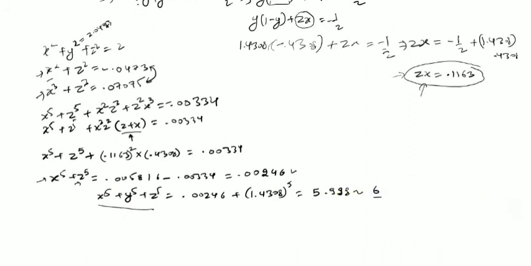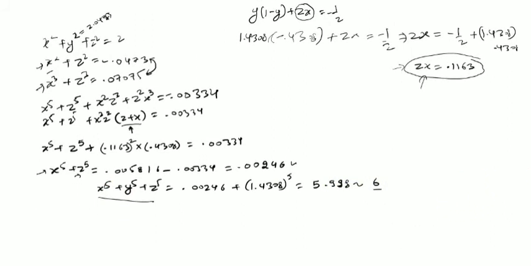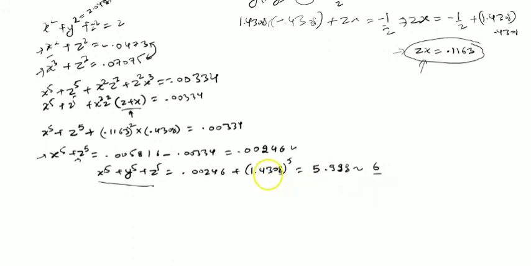And in the same way, you can calculate these variables raised to any power by just raising this number to the same power. So for example, if you want x to the power 6 plus y to the power 6 plus z to the power 6, it would just be equal to 1.4308 to the power 6. And the reason for that is because z to the power 6 and x to the power 6 are just too small for them to matter.